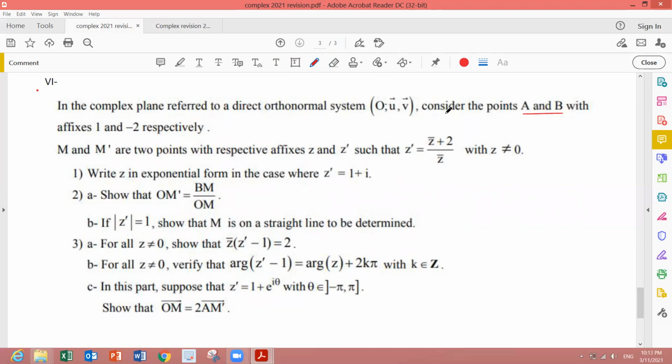A and B are 2 points in the complex plane with affixes 1 and minus 2. ZA equals 1, ZB equals minus 2.